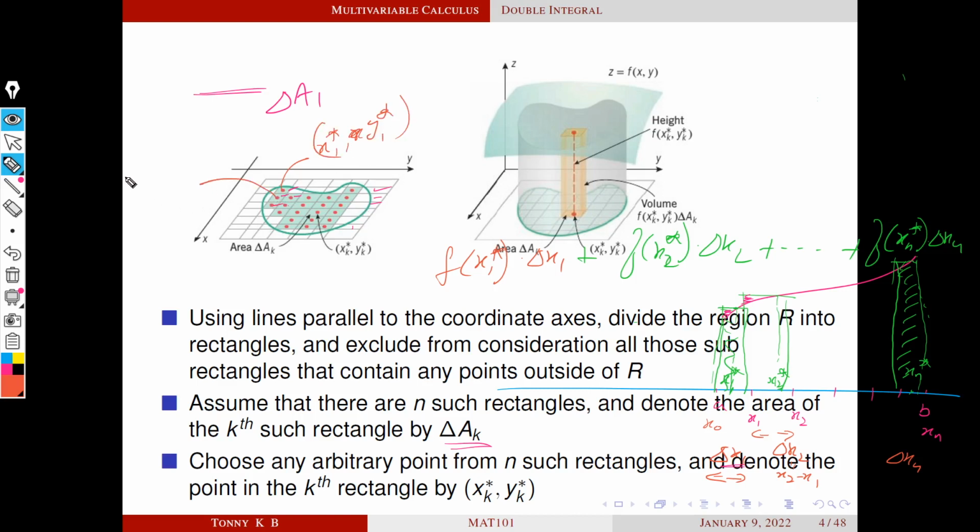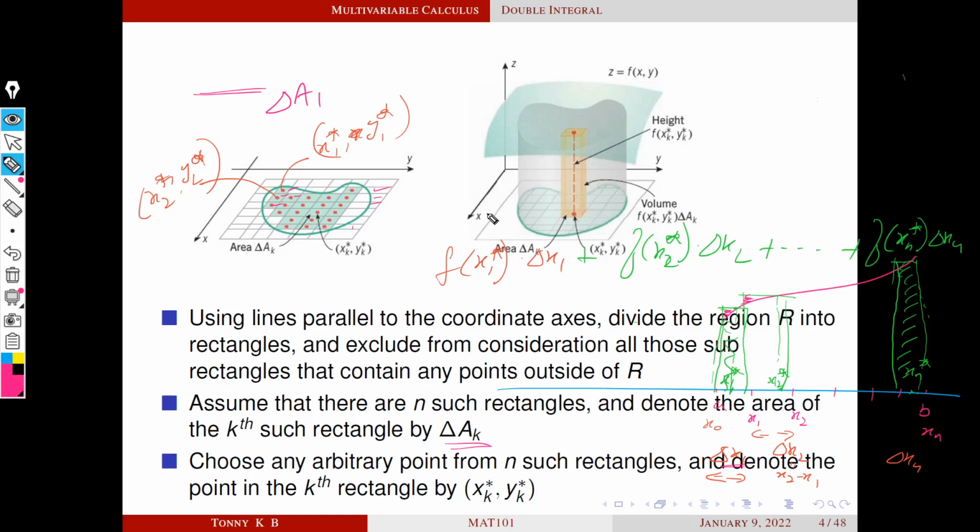Then this is an arbitrary point. This is x2 star, y2 star. Clear? So similarly, we have n such points, one from each rectangle. And in general, xk star, yk star denotes the arbitrary point from the kth rectangle. That's all. k is varying from 1 to n. Clear? Okay, our aim is to approximate the volume between the surface and this region.